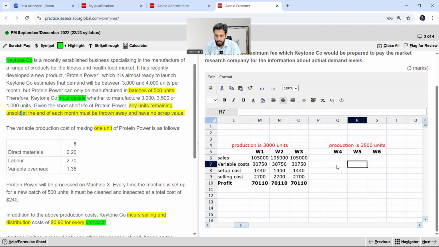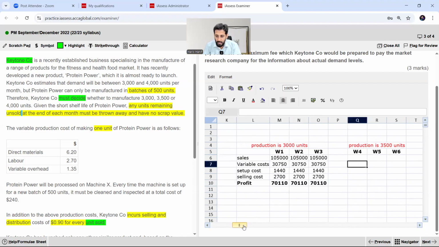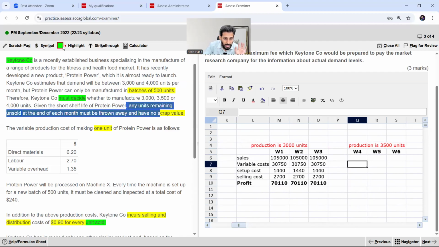Production is 3500 units, and so the variable cost will be applied on 3500, because it is clearly mentioned in the question that any units remaining unsold at the end of each month must be thrown away. That means units produced but not sold, so production is necessary.